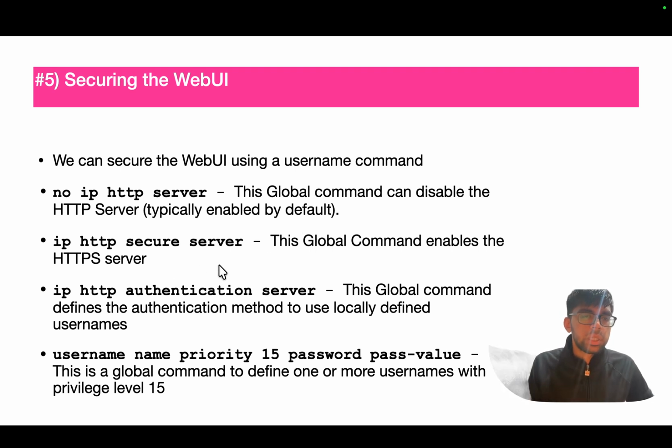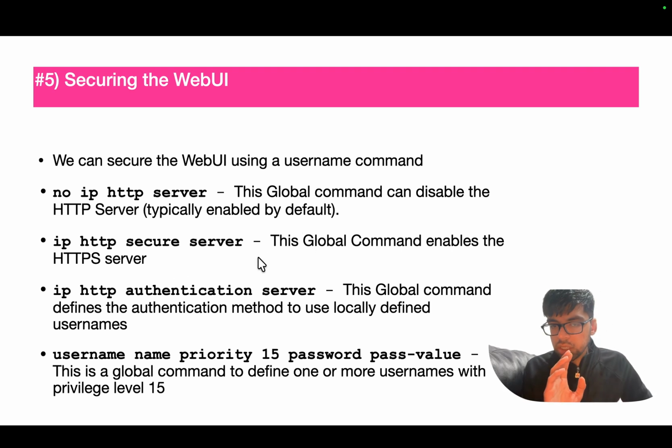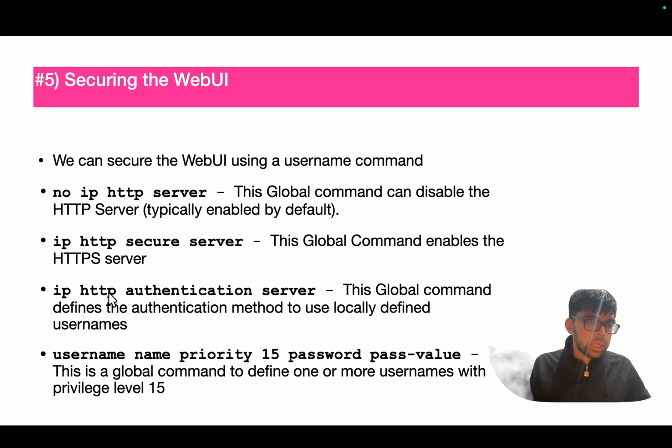IP HTTP secure-server is to enable HTTPS, HTTP secure, that's the S in HTTPS. IP HTTP authentication local is a global command that defines the authentication method to use locally defined usernames. Then username, priority 15, password, and then the actual password value.